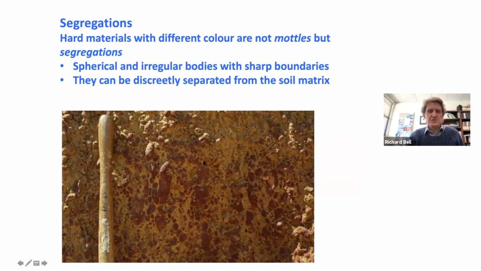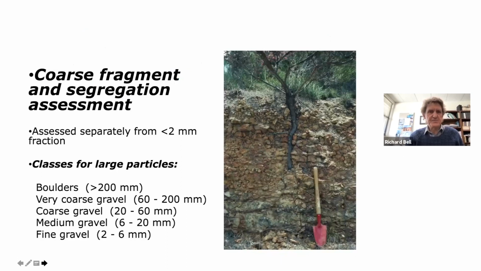And there's quite a discrete boundary between the hard segregation and the soft soil material between the segregations. We can differentiate those segregations and fragments according to size. So there's a formal size class for different gravels and boulders.